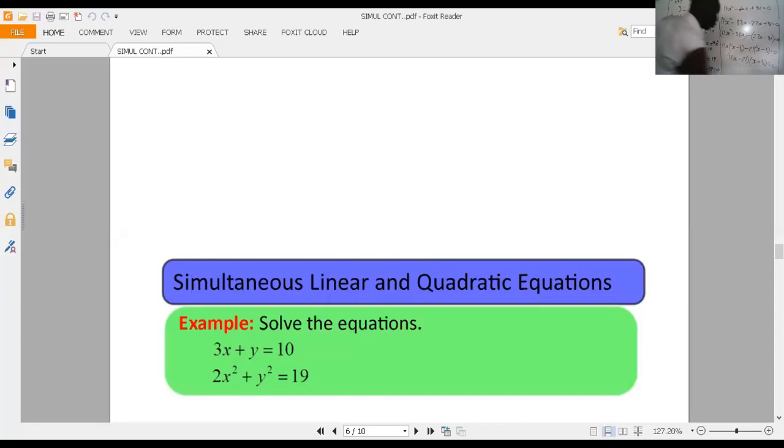Okay. So you have this. Now it means both equal 0. You have 11x minus 27 equals 0, and you also have x minus 3 equals 0.